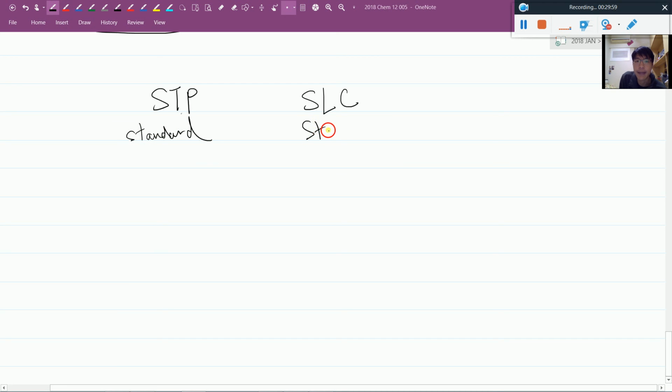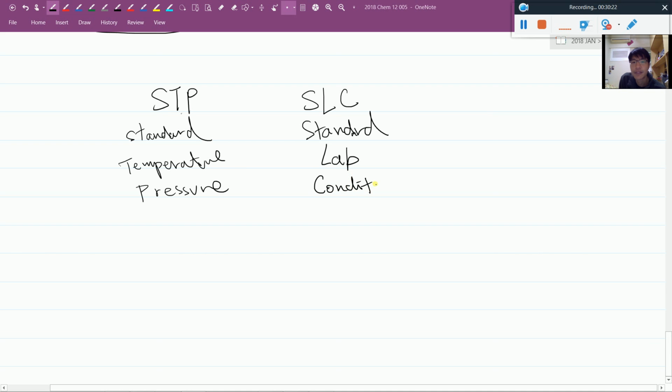Both S stand for standard, T is temperature, and P is pressure. SLC is standard laboratory conditions, which is too hard to spell.